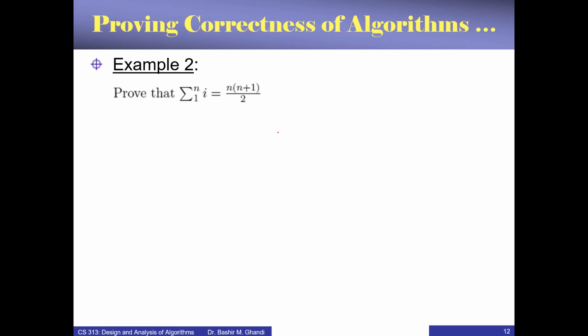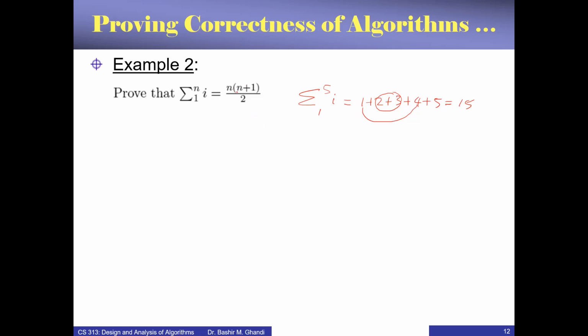For example, take the sum from 1 to 10, or let's say to 5 to make it easy. The sum of i from 1 to 5 basically means 1 plus 2 plus 3 plus 4 plus 5. What is it? Clearly, this is another 5, and 1 plus 4 is also 5. And then we have another 5 here, so the answer should be 15.